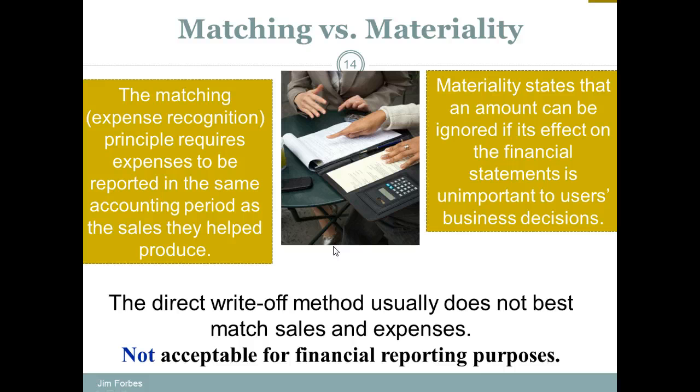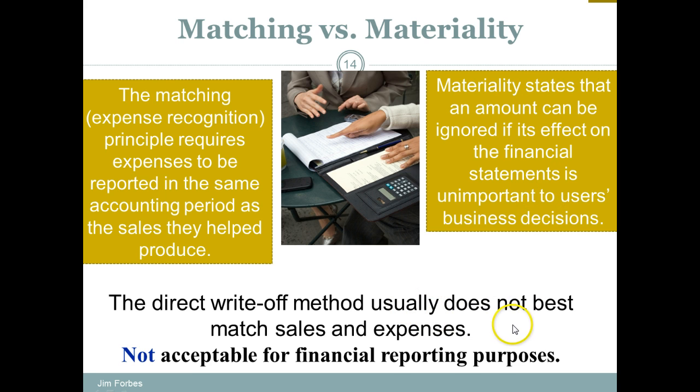Okay, we have matching versus materiality here. The matching principle requires expenses to be reported in the same accounting period as the sales they are owed to. It sort of goes in alignment with the revenue recognition principle. And materiality states that an amount can be ignored if its effect on the financial statements is unimportant to business decisions.